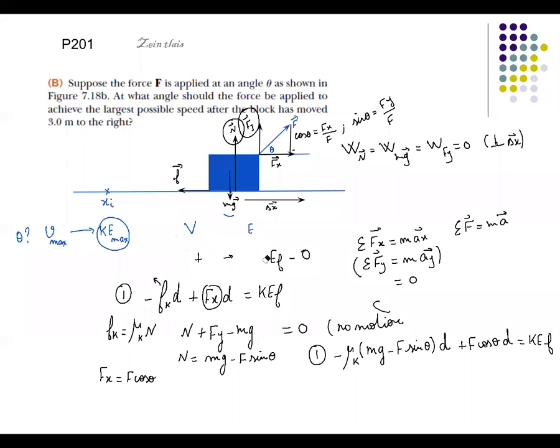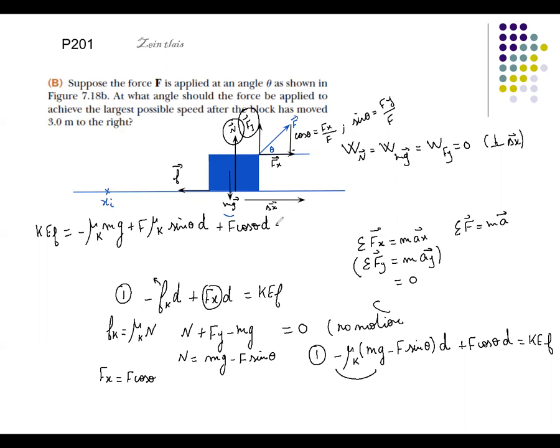As a final equation, we can write here kinetic energy final equals minus mu kinetic mg d plus F mu kinetic sine theta d plus F cosine theta d, okay, kinetic energy.